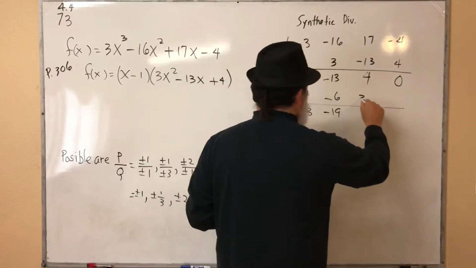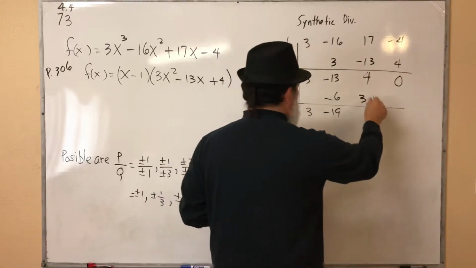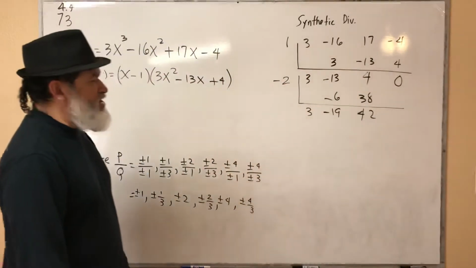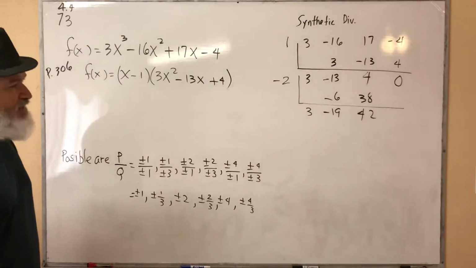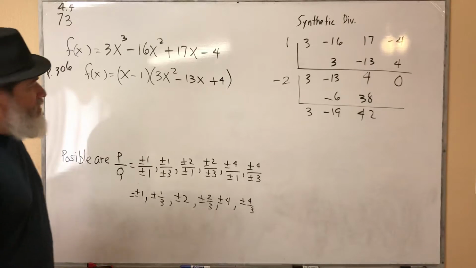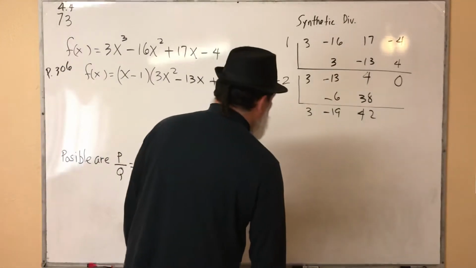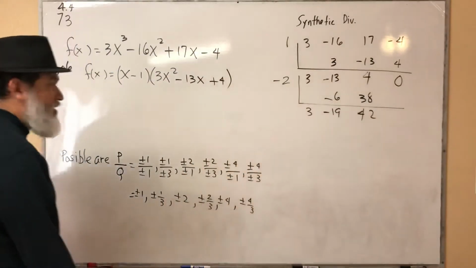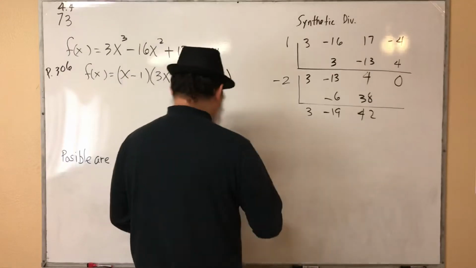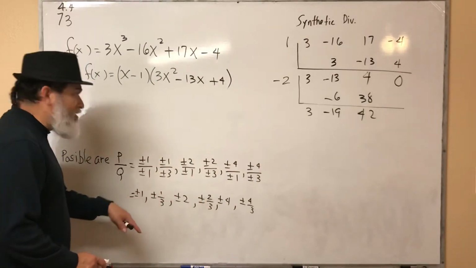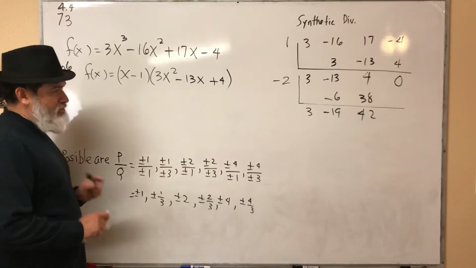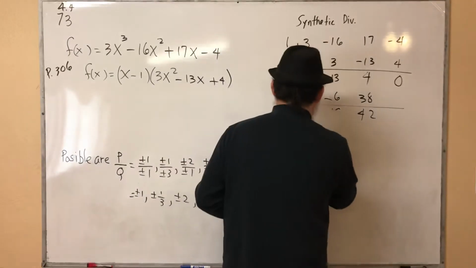Multiply. Add 42. So -2 is not a zero. 2 times 9 is 18, plus 1, 2 times 1 is 2 plus 1 is 3. Okay, so that didn't work. We tried 2 and -2, and that didn't work. So far we just found that x equals 1 is a zero.